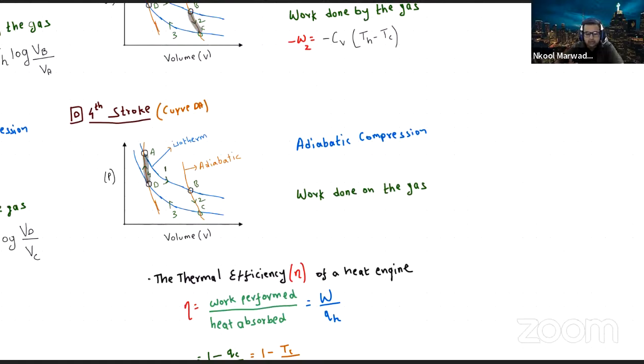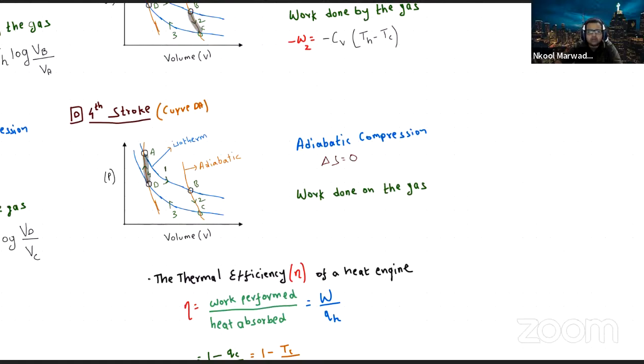And because no heat transfer will be taking place, the change in entropy will be zero. That is understood. So in this fourth stroke, delta S will be zero. And work done: since compression is there, work is done on the gas.